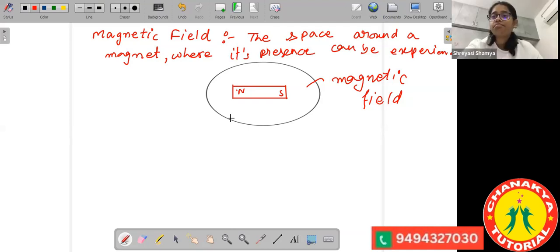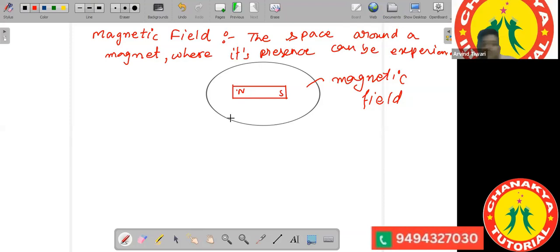Yes, sir. Okay. Now, this magnetic field can attract iron objects, but it can also repel the poles of a magnet, right? It also has the property of repulsion. So that means there is some directional behavior of this magnet, and hence this magnetic field must be a vector quantity.